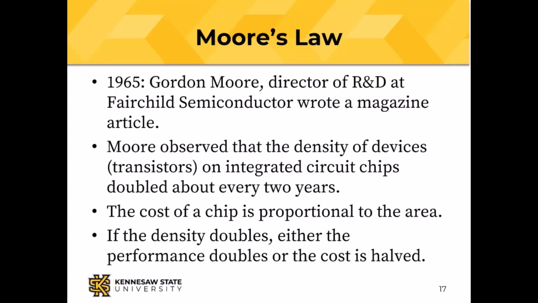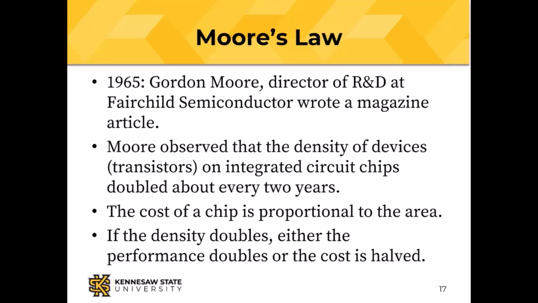We can either cut our cost in half, holding performance constant, or we can double performance holding cost constant. I'm going to tell you before the end of the class that there is no such thing as a free lunch, but sometimes it looks like we're getting a free lunch because of Moore's law.